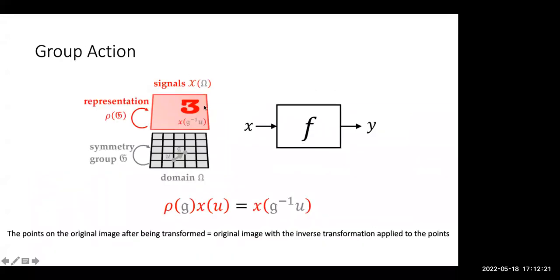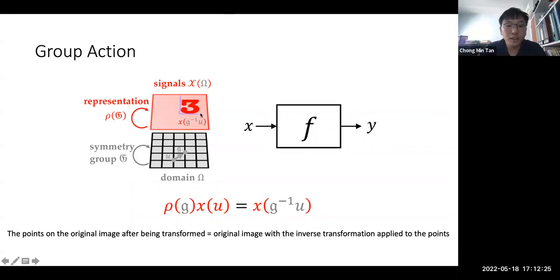Okay, fine. So you see, let's say I have an input tree, and originally the input tree was here, but it's translated up here using a symmetry group that translates this in the domain.